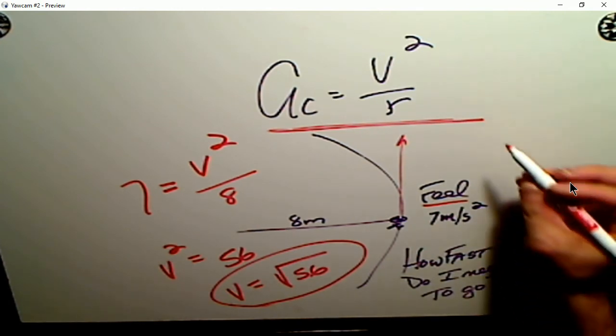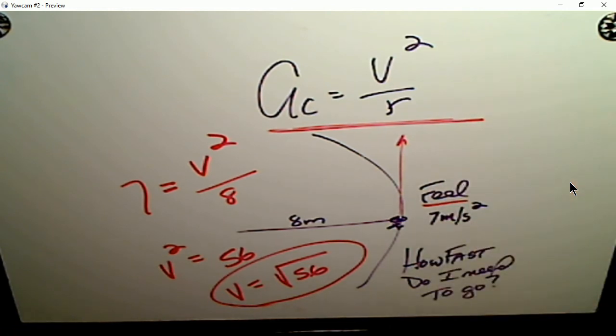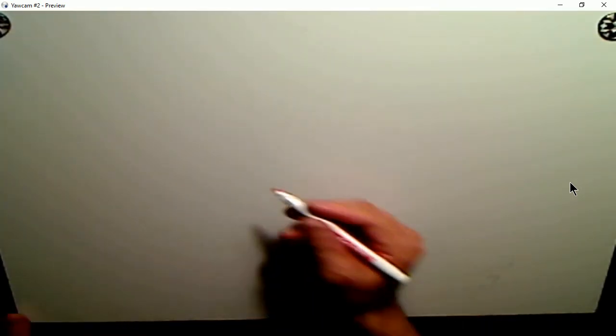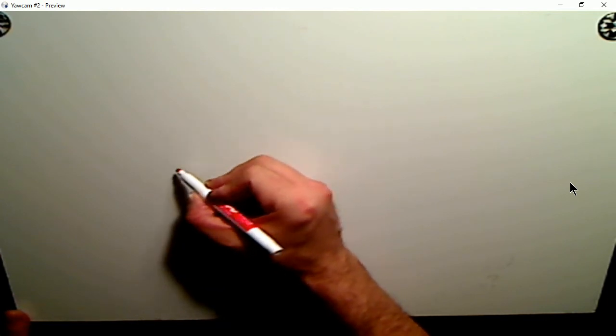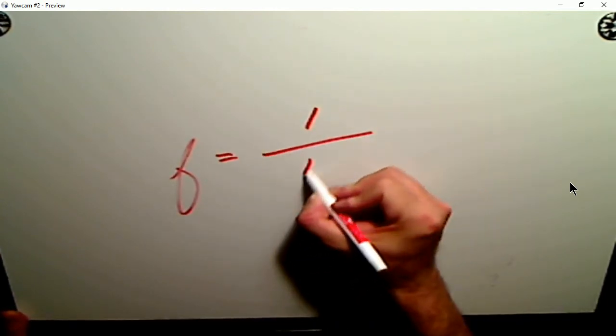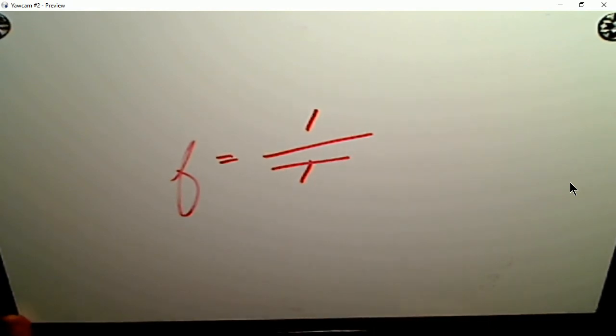Also, we need to know the frequency. That's another thing you will need to know for this chapter. The frequency around the curve. Frequency is equal to 1 over the period.